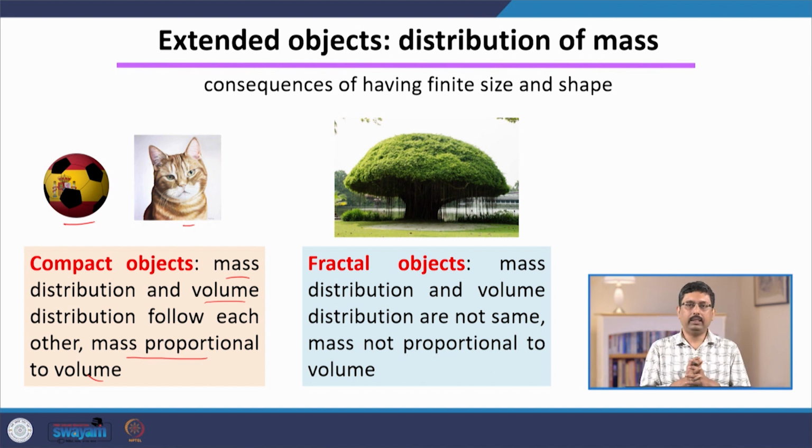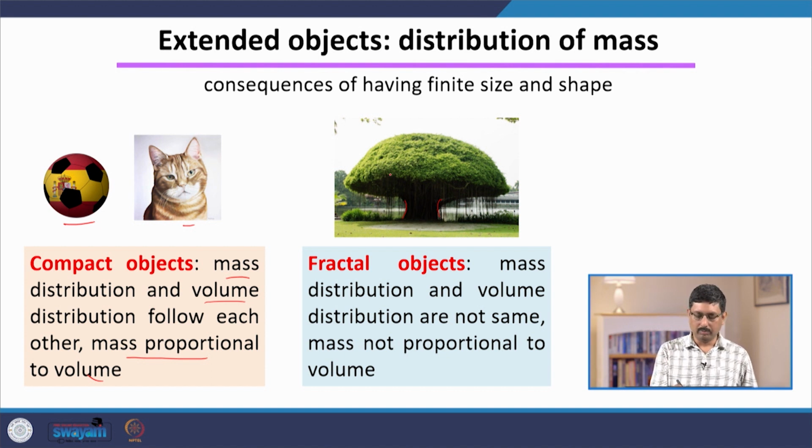Now, there is another kind of object, and the most prominent example is trees. If you look at a tree such as this banyan tree in this picture, most of the mass is actually concentrated in the trunk, which occupies a small volume.